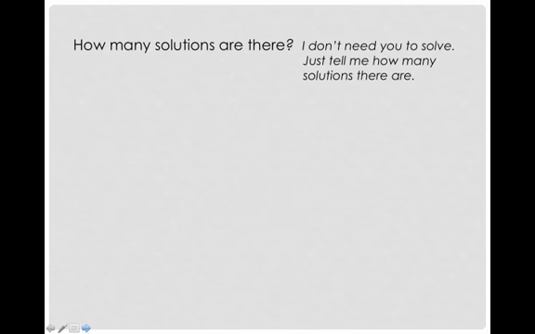So let's try to figure some out. I just need to know how many solutions there are. You don't need to tell me what they are. So I've got this equation, and I want to know how many solutions there are. Well, I'm going to figure out what the discriminant is, and the discriminant, remember, is b squared minus 4ac. That's just that part under the radical sign.